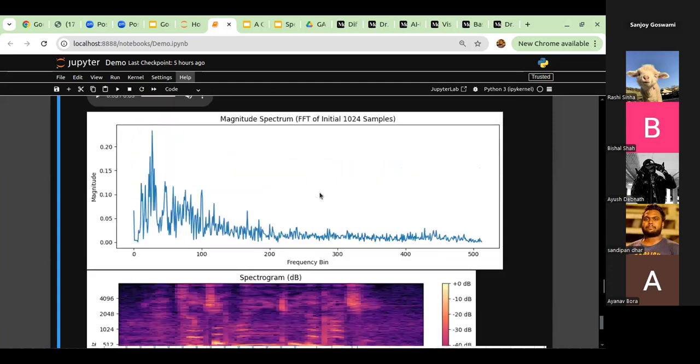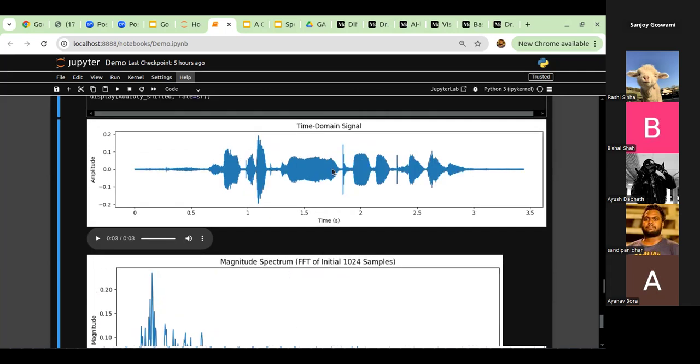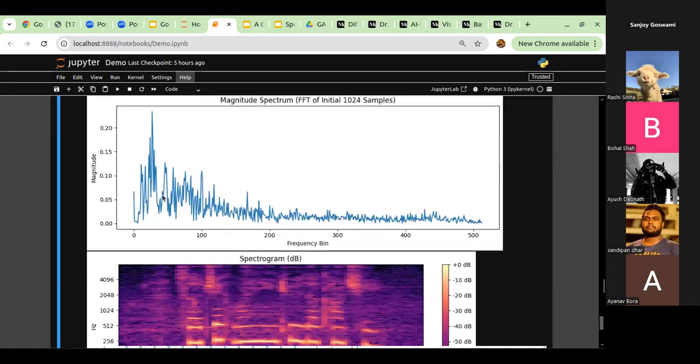When you get the time domain signal, you only get the time and amplitude value. It is basically an indication of the loudness, how loud the speech was. Then if you do frequency domain transformation, you get the presence of the most prominent frequencies in the Fourier domain.